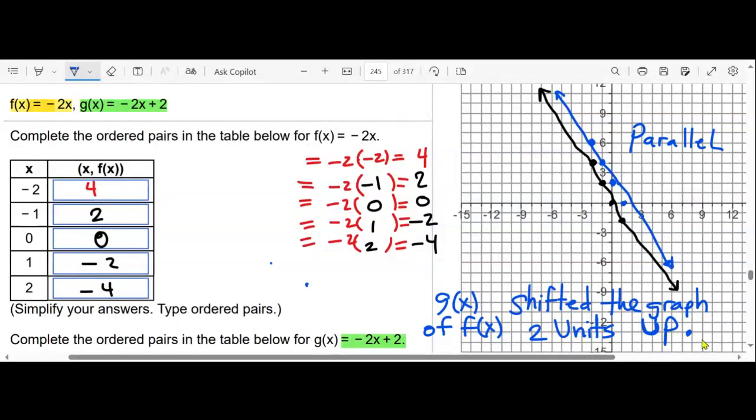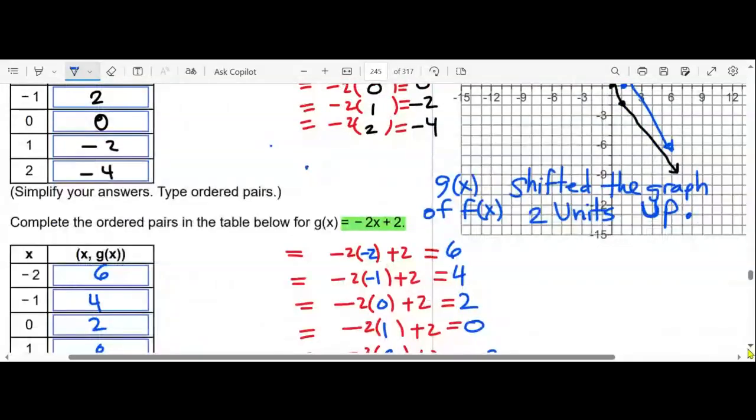Up or down? Up. That's your answer. Is this clear? Please copy the answer.